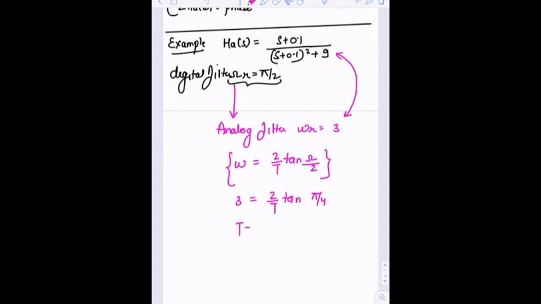So T is equal to 2 by 3. So we get the capital T value.